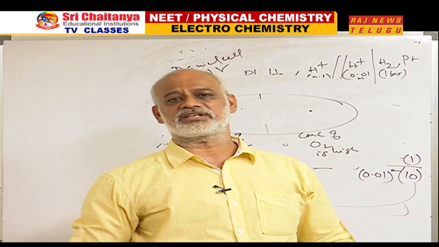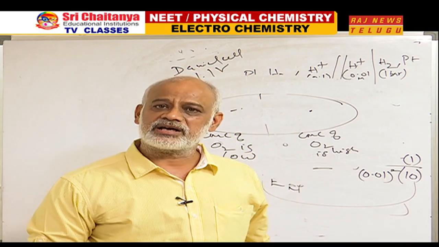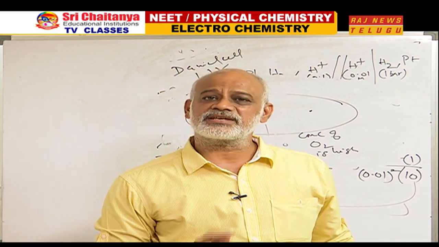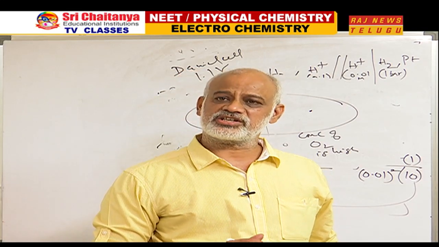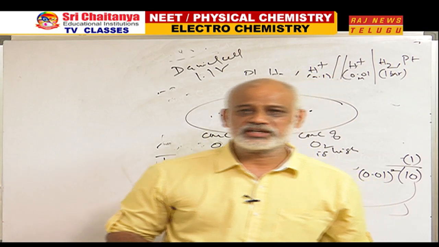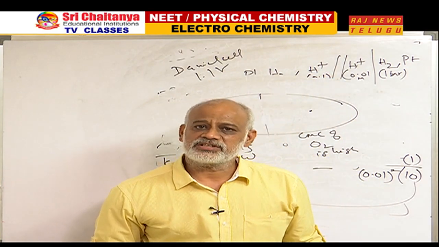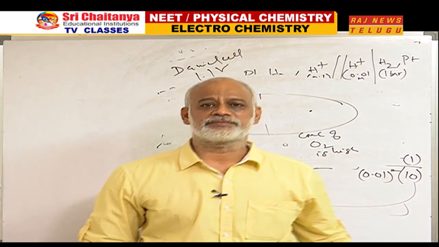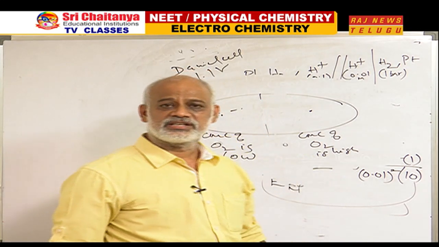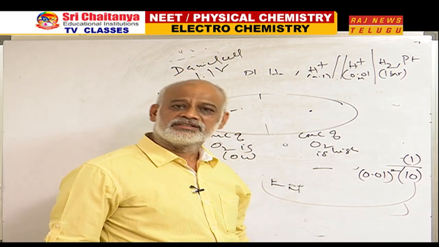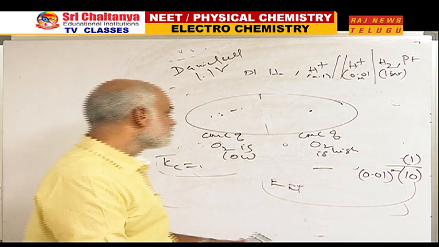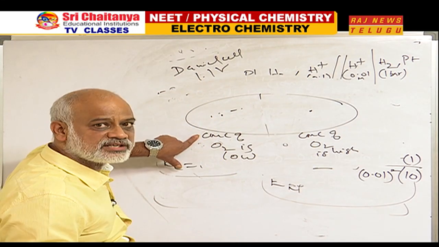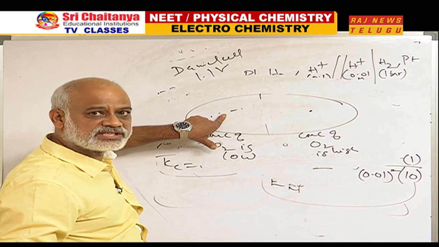A part of it is richer in oxygen, a part of it is poorer in oxygen. The part that undergoes oxidation is the part where oxygen concentration is low.